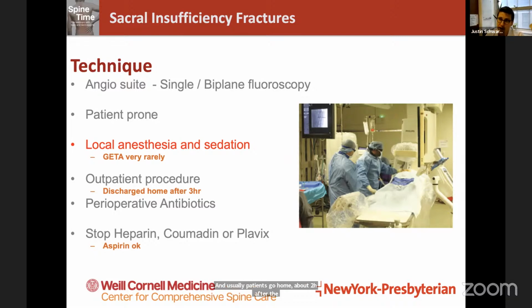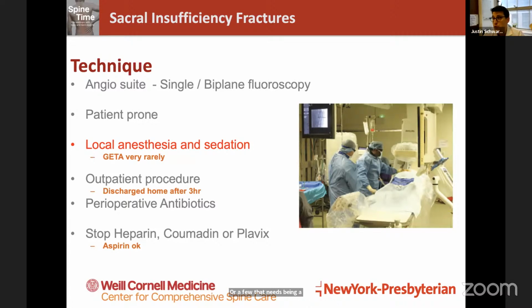And it doesn't require any substantial holding of blood thinning medication, either antiplatelet or anticoagulation. We can typically do these procedures on aspirin. Obviously the biggest population for this is the older population, where the incidence of people also having some cardiac disease, cardiac stents, peripheral vascular stents, or AFib that needs to be anticoagulated is higher.